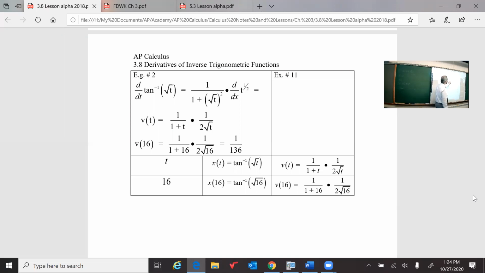The derivative of mu, the derivative of t to the 1/2, is 1/2 t to the negative 1/2. Then they tell you at time 16, here's my table. At time 16, this is the position, the inverse tan of root 16. This is your velocity.